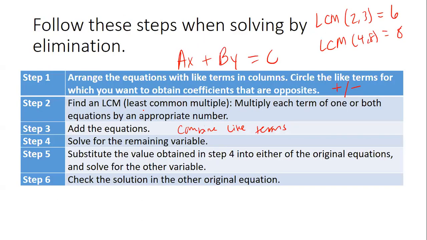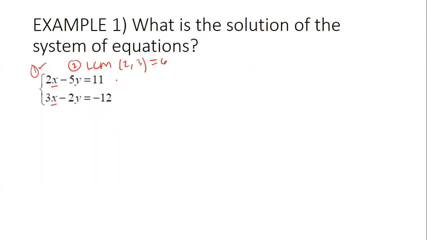So after that, it says multiply each term of one or both equations by that number. So my question is, how can I turn 2 into 6? Multiply by 3. So I'm going to multiply everything here by 3. Does that make sense? How can I turn 3 into 6?